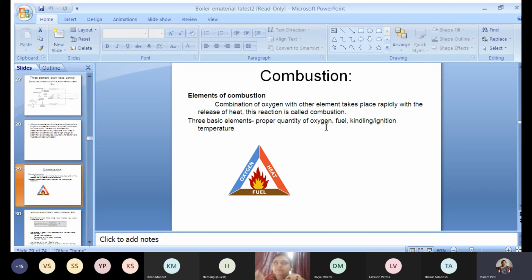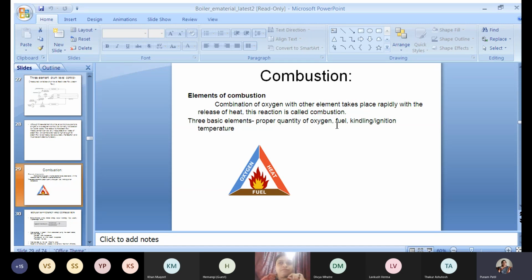For example, in 7th or 8th standard you did an experiment: if the candle is ignited, you can see the flame, but if a glass is kept on the candle, suddenly the flame extinguishes. Why is this so? Because there is a lesser quantity of oxygen when you put the glass on the candle, oxygen supply is reduced, and that's why the flame extinguishes. So we require sufficient quantity of oxygen to produce the combustion, to produce the flame.